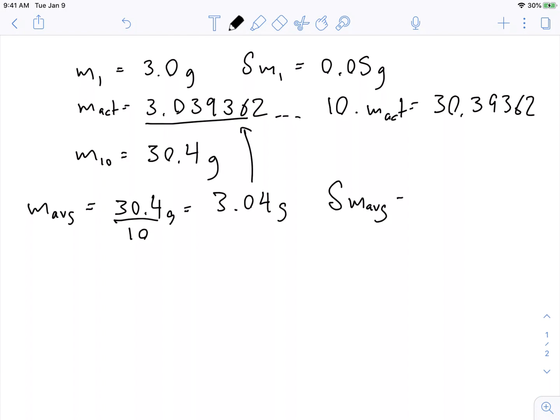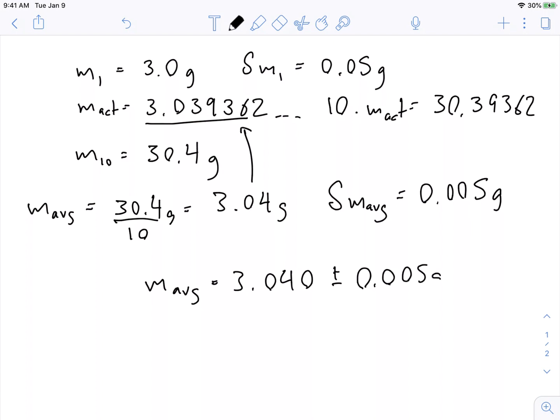Well, I take this and divide it by 10, and I say my uncertainty is 0.005 grams now. And so now my value is 3.040 plus or minus 0.0050. This 0 appears because when I do this division, this is actually zeros all the way. Like I'm dividing by an integer. So this is 0.00000, right? When I do that division. So this is my value.